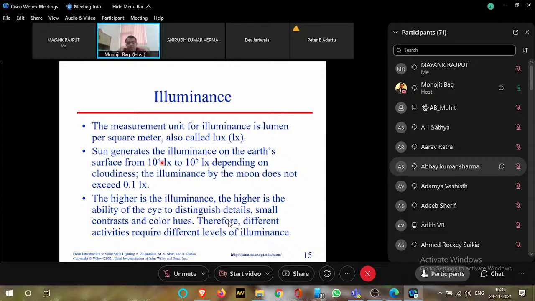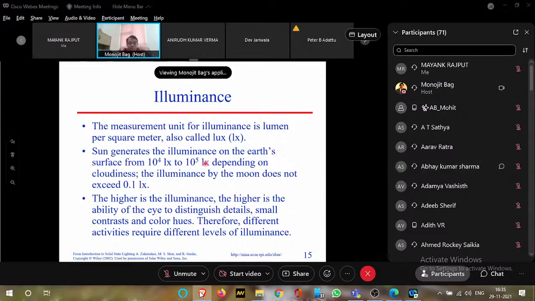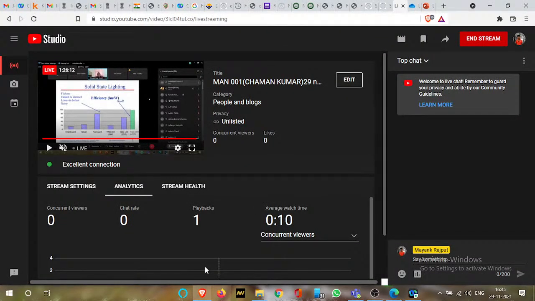If there is cloudy weather, sometimes a dark cloud, it can go down to like 10⁴ lux. And moonlight is somewhere like 0.1 lux. You can see the difference between sunlight and moonlight, the intensity difference. That's huge.